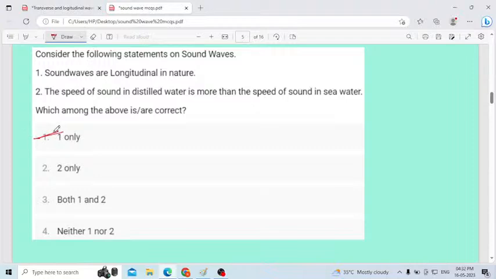The second statement is wrong. Whether it is distilled water or sea water, to travel, sound waves need particles. Even distilled water contains particles, and sea water also contains particles. It does not matter. The first statement is the correct one.